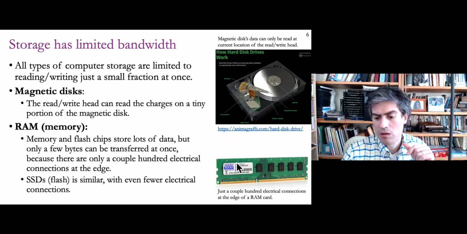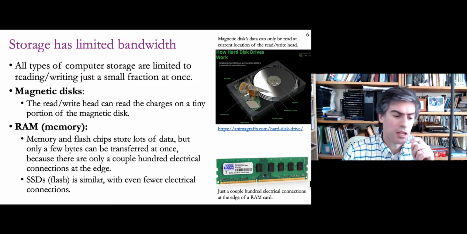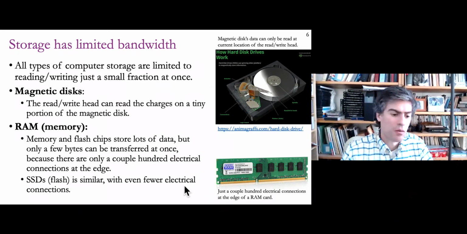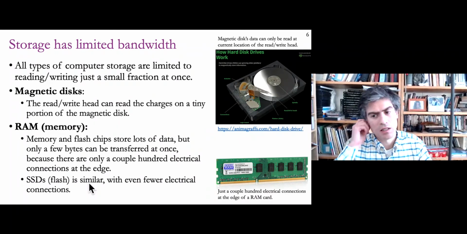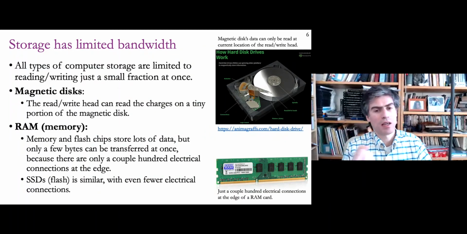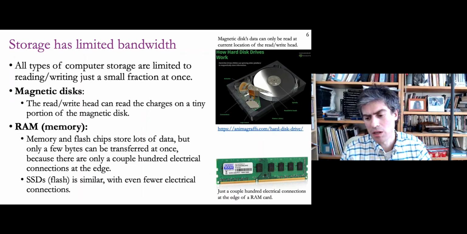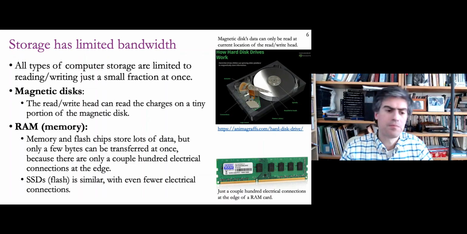There are billions of different storage locations on these chips, and yet there are only a few hundred different communication lanes through which to communicate that data. Okay. Or if you're looking at a serial ATA connector, that cable has, I think, maybe 4 wires on it, or some small number of electrical connectors to transfer data.